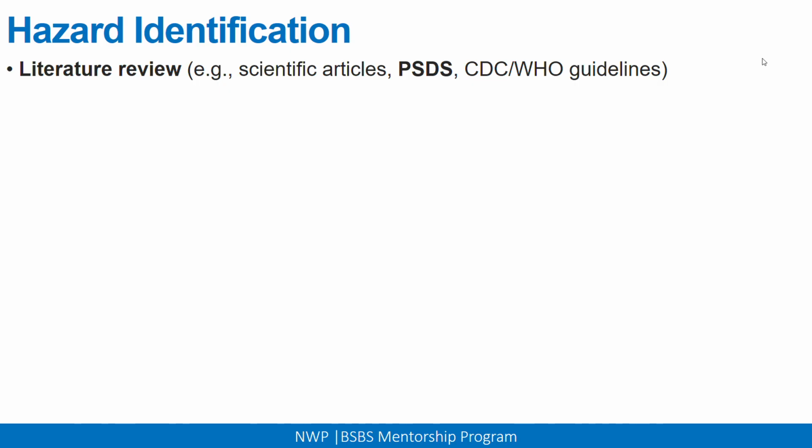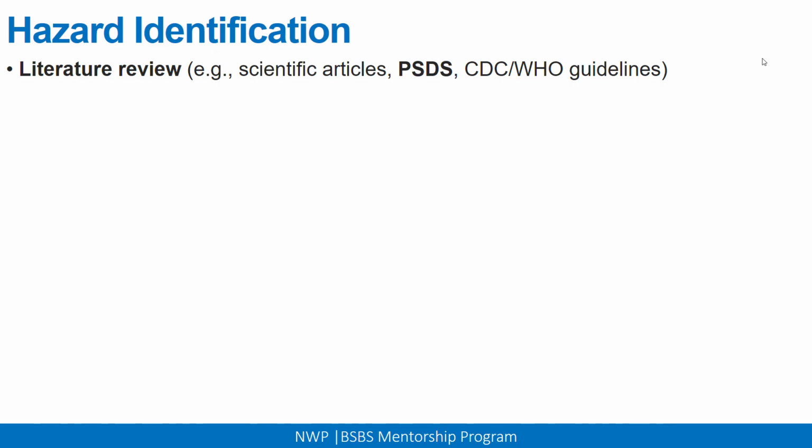These articles will tell you more information about the biological agent that you're handling, and this information will now guide you, or give you hints on where your likelihood and consequence will fall as you are doing your inherent risk determination.